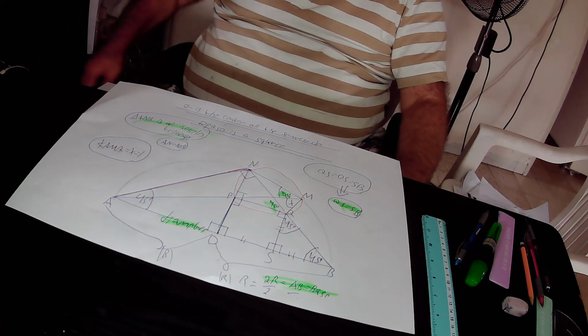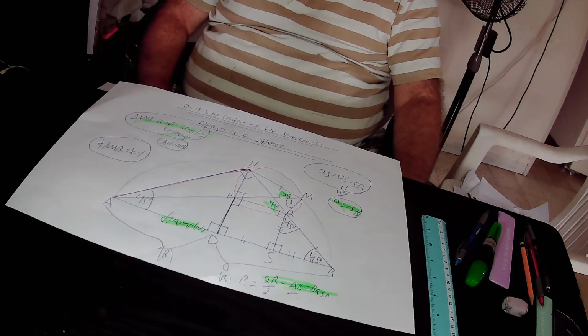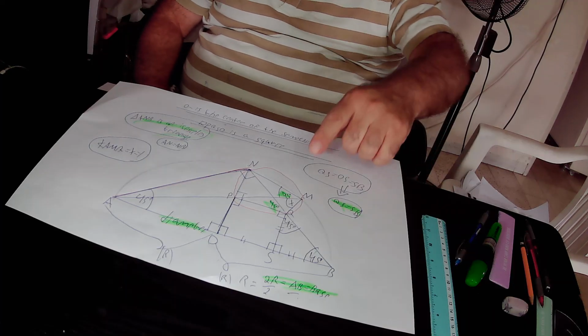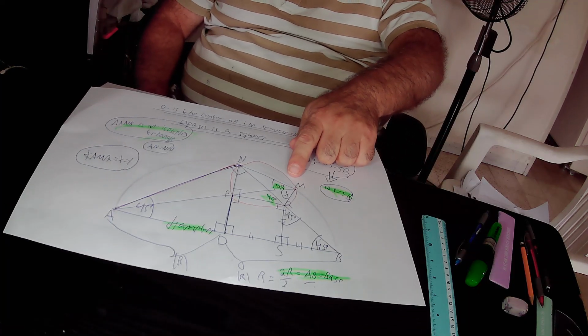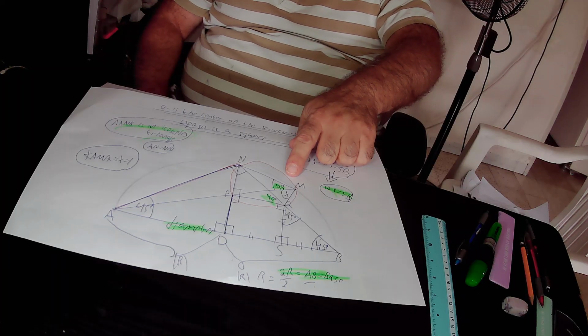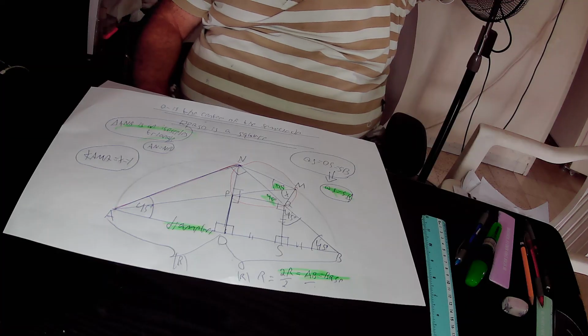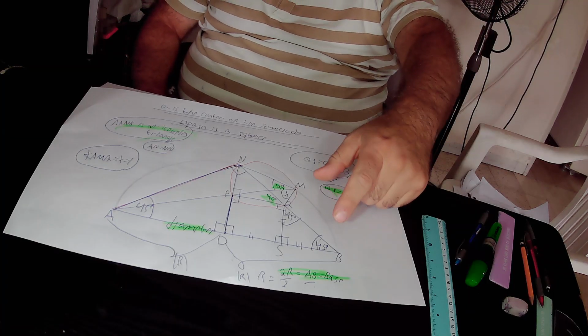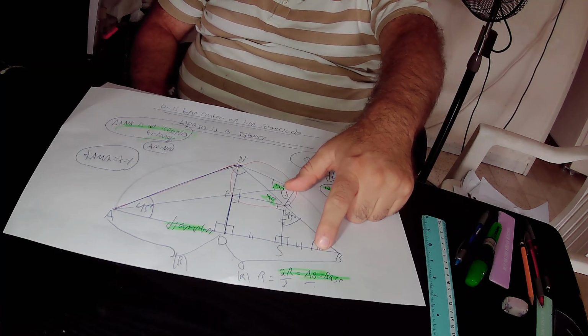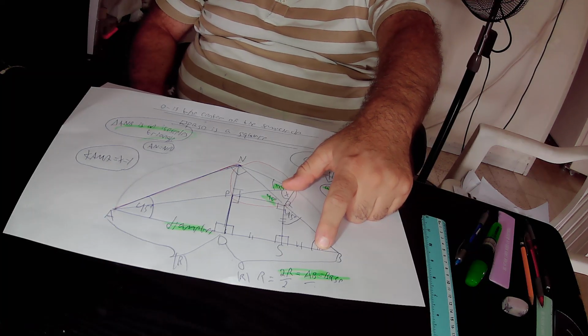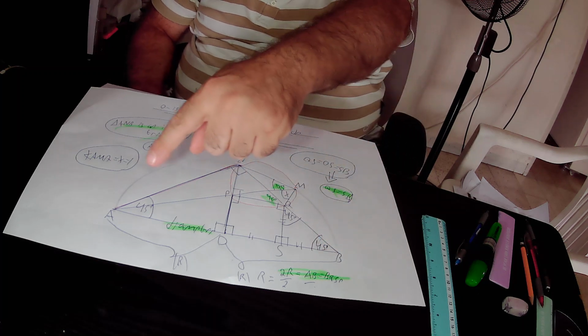In the next step, we implement rule 16 in our drawing. In our drawing, we have those two angles that are defined as peripheral angles. They both subtend chord AN.